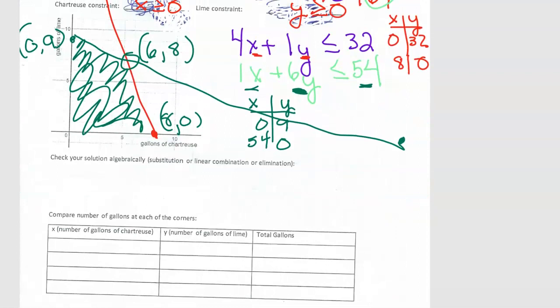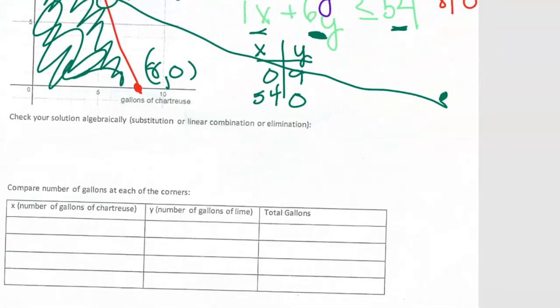So now I'm going to see how many gallons each one would be. So I have 0, 0. I always have this one. But that doesn't do me any good. If I can't make any paint, I'm not going to make any money. So I could do 8, 0, but then total, I just have 8 gallons.